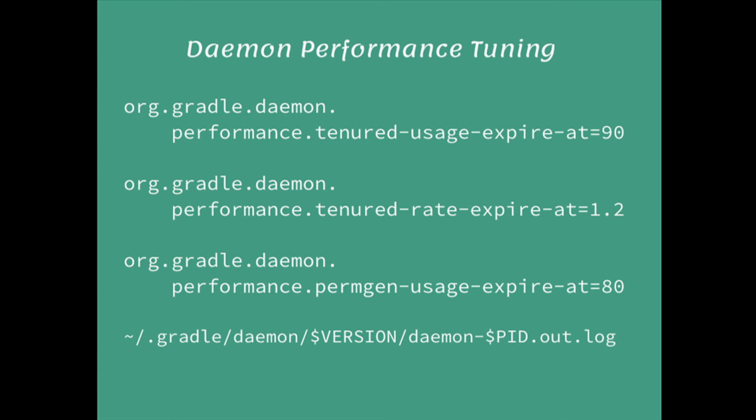Even going further down the rabbit hole, you can tune the performance of the daemon. Here are a few of the things that we use to make decisions about when to evict things from caches, when to shut down the daemon, and things of that nature. There are a few of these, and you can look them up in the documentation. But know that you can tweak, for example, the garbage collector rate.